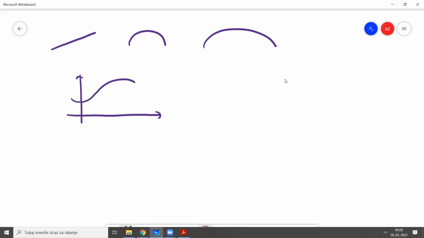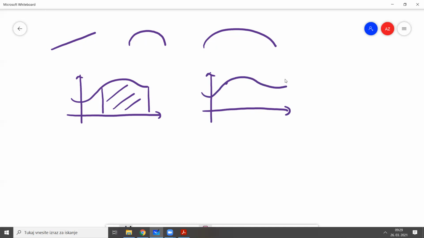One is if we have a curve, and then we would like to compute this area. So this is a usual definite integral. While the other thing will be if we want to compute, for the same curve, not the area below the curve, but the area which is traveled by the position vector.